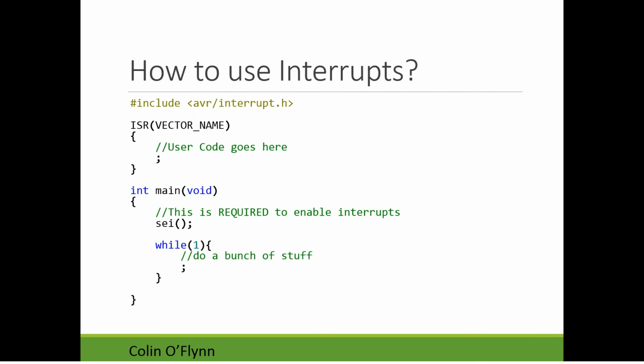That's just the name, and whatever you have within it, the user code will run. The only other thing you need is SEI, which is set enable interrupt, something like that. This sets interrupts to run. There's another macro you can use called CLI, which will stop interrupts from running. Whenever the interrupts are enabled, these ISRs can all execute.